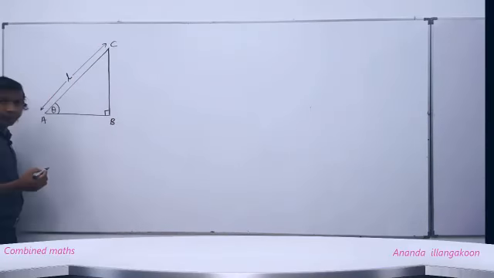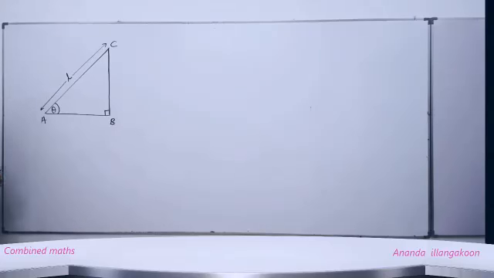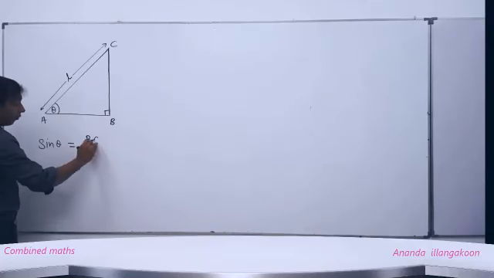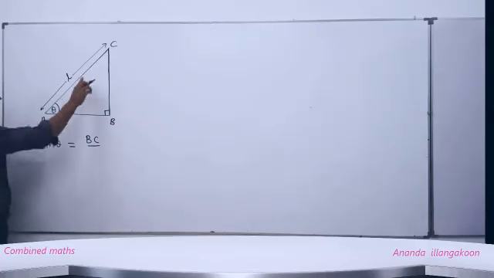Okay. Now taking this way the right angle triangle, I'm going to write the sin theta ratio. Sin theta ratio for the right angle triangle, you know, people: opposite side divided by the hypotenuse, AC.